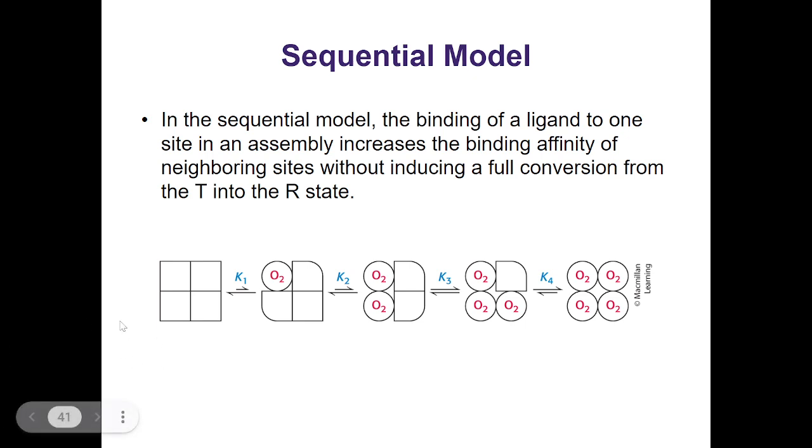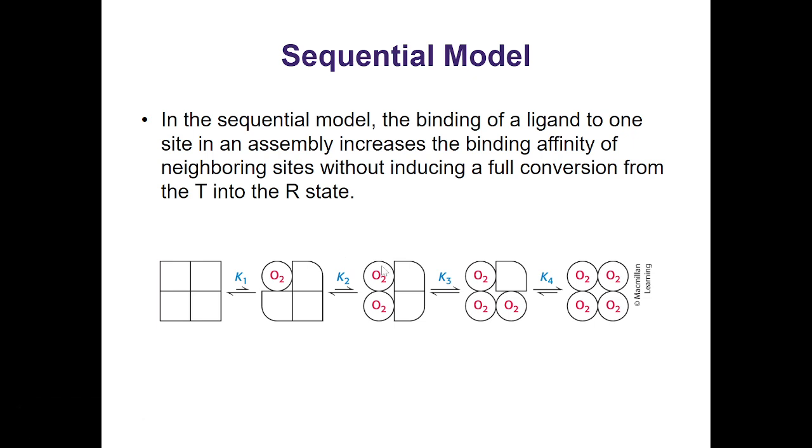Anyways. Okay. So in a sequential model, when you're in the fully tense state, you'll be in this form right here. When you bind an oxygen, remember, oxygen is not favored to bind, so your equilibrium favors the tense state at this point. What's going to happen is you're partially going to convert to the relaxed state, and so you'll slowly start converting, little bit by little bit. When you partially convert to the relaxed state, this is going to increase your affinity for oxygen, and your equilibrium is going to shift to favor more binding, though still favoring the tense state.